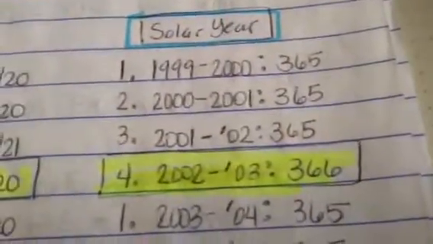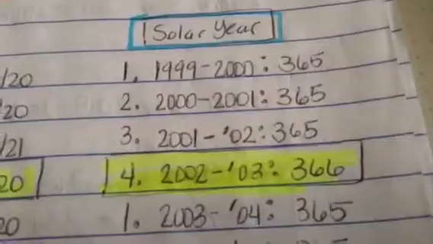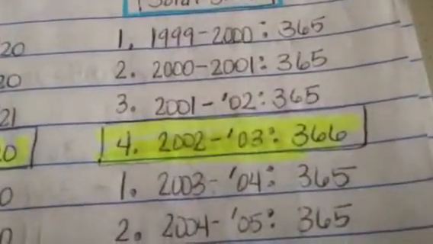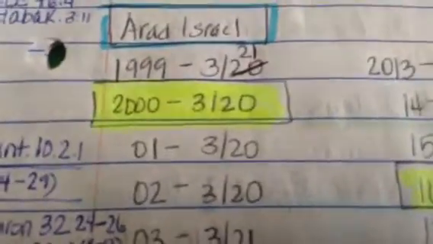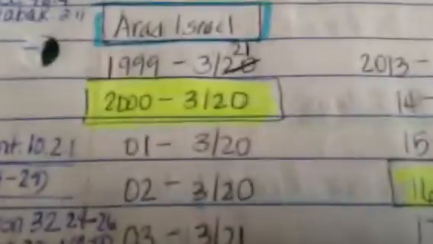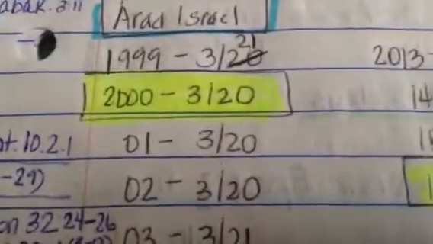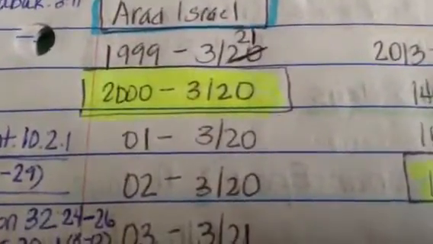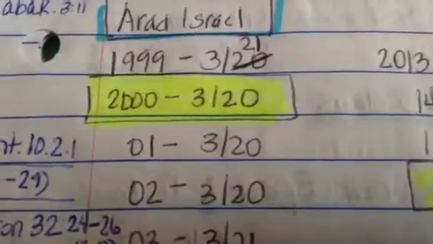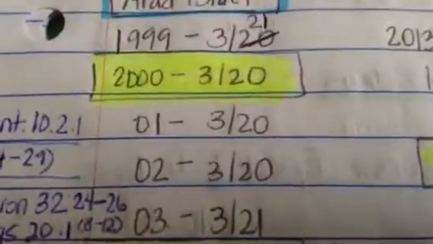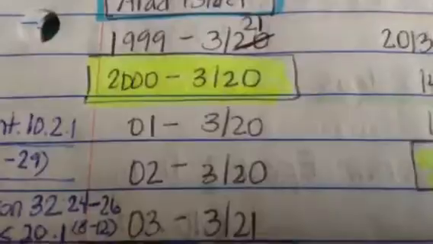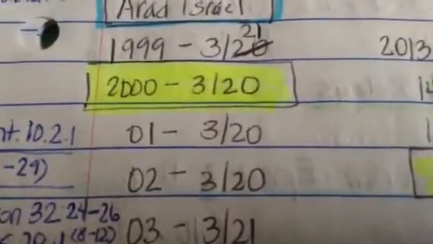Now, how I figure out my solar year, how many days, I go from 1999 to 2000. In 1999, on the 21st was the spring equinox, so I start counting the days starting on March the 22nd, because remember, the equinox is the end of the solar year. So you want to count from March the 22nd up to March the 20th to give you the total days for the solar year.